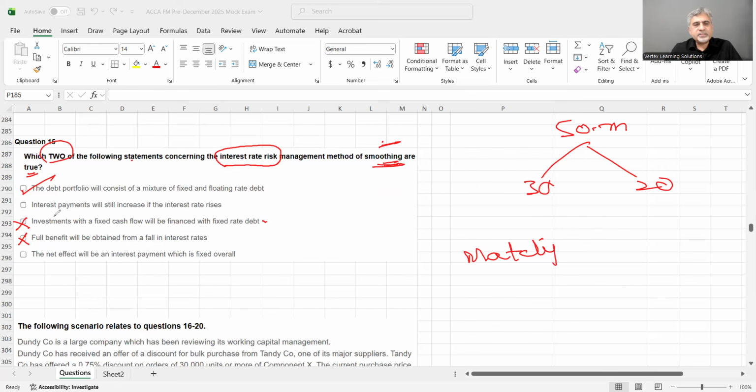Okay, I'm stuck with these two. Interest rate payments will still increase if the interest rate rises. Yeah, that is the answer. These two things will happen. The net effect will be an interest payment which is fixed overall. No, this is not. It can't be fixed overall. So A and B, one and two.